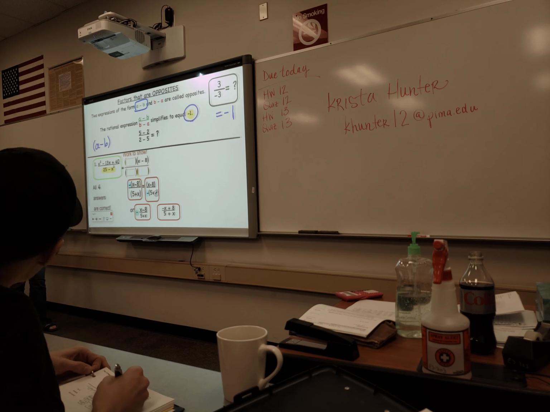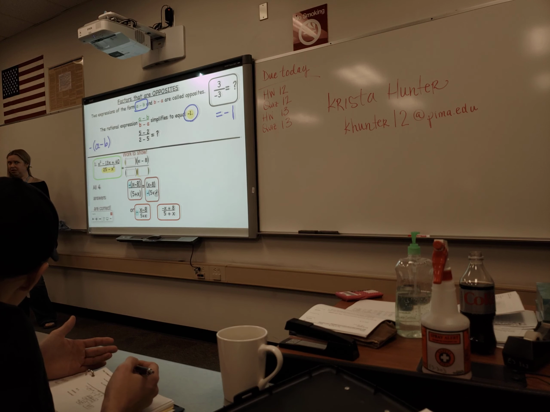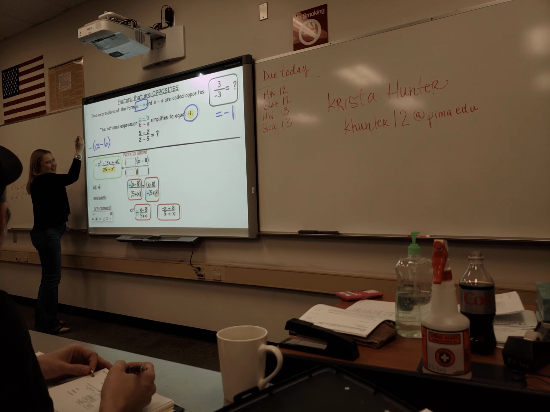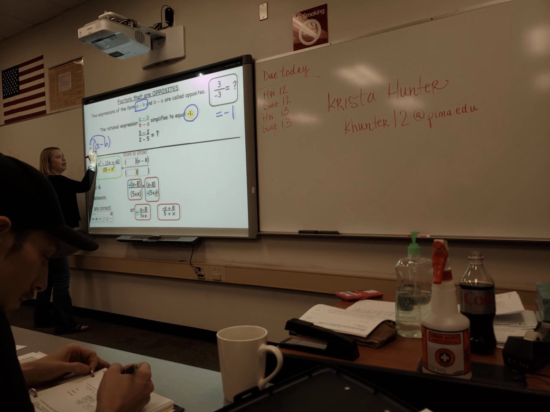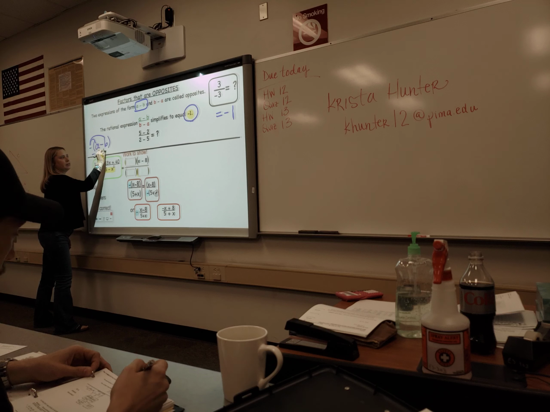When we take the opposite of a minus b, we put that negative in front of it, right? It's the negative of that number. When we distribute our negative inside those parentheses, we're gonna get negative a plus b.